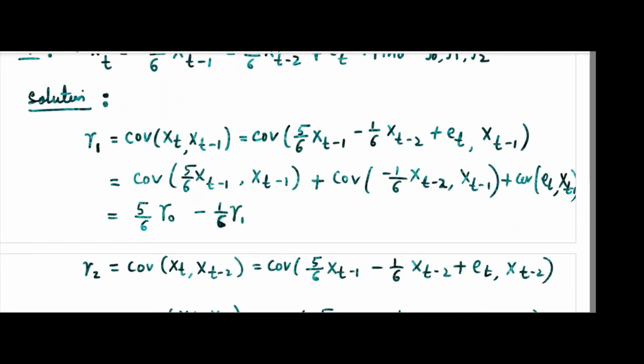Okay, it doesn't matter. Covariance of et, xt minus 1, when you write, this will be 0, because we are trying to find the correlation of the random shock today. Suppose the random shock, the error today, you want to find based on the last figure.